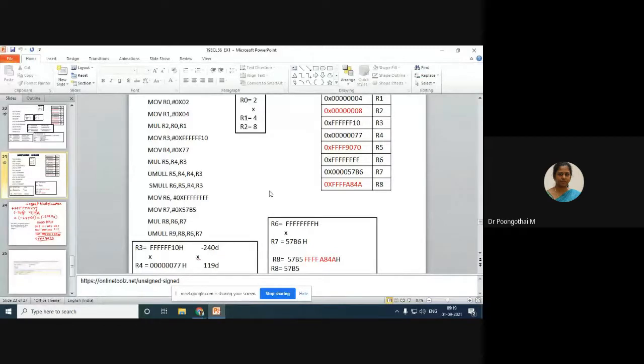Here I have used the normal multiply instruction, MUL, and we have separate multiply instructions for unsigned and signed numbers. Those are called unsigned long multiply and signed long multiply. So we have three instructions under the multiplication operator: MUL, unsigned MUL long, signed MUL long.